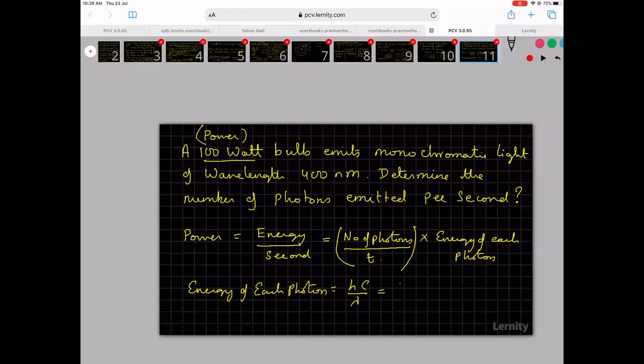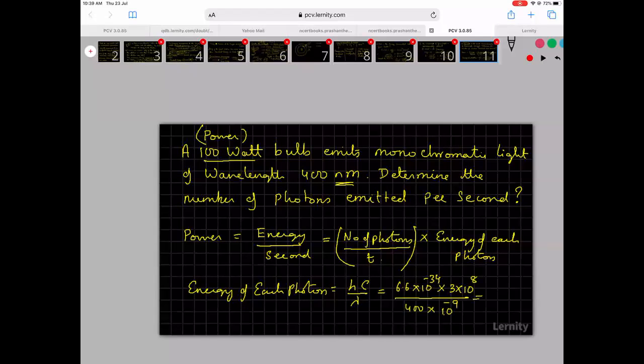6.6 into 10 power minus 34 into 3 into 10 power 8 divided by lambda 400. This is nanometer, so into 10 power minus 9. So I can now work on this. This minus 9 will go up, it will become 17.